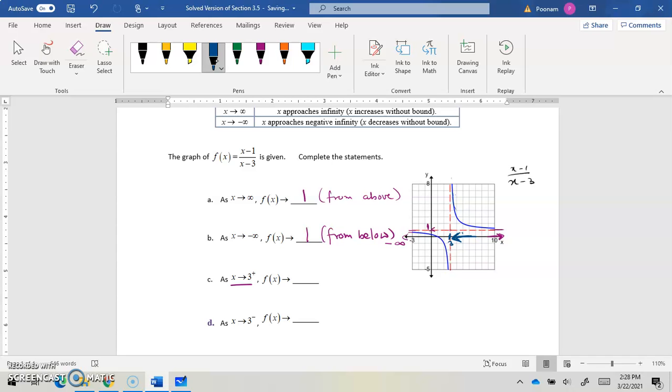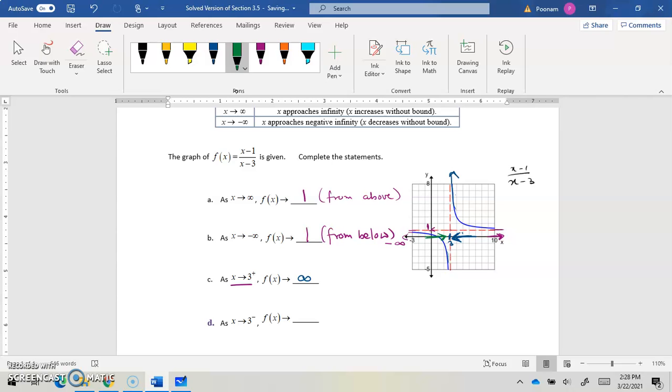This y value, where is it going? Towards infinity. So f of x is approaching infinity. It starts to increase without any bounds. What happens when x approaches 3 negative? What does that mean? X is approaching 3 from the left side. When x is approaching 3 from the left side, what happens to the curve?